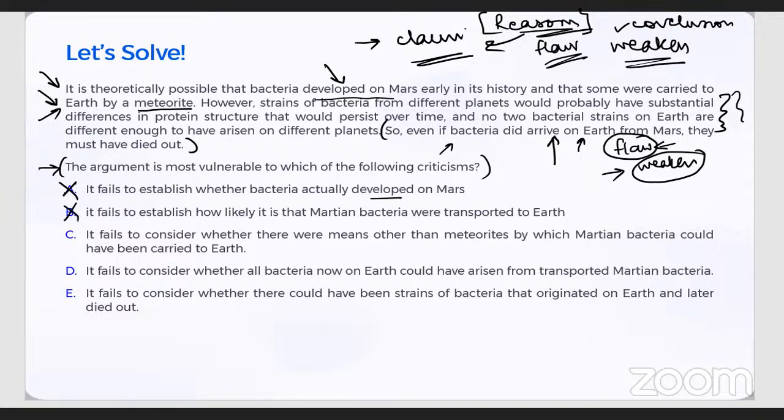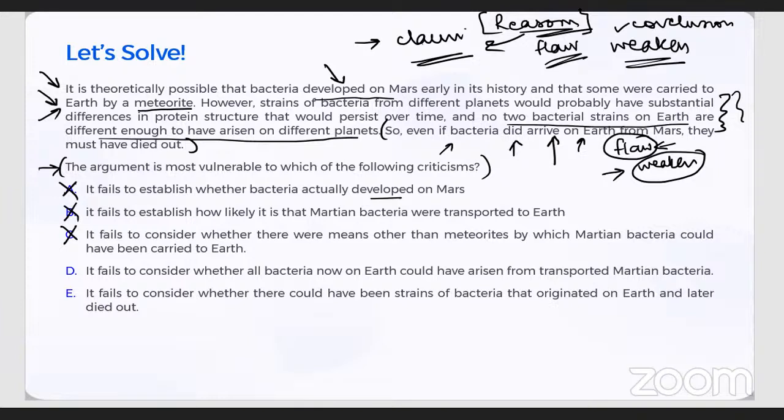The argument is saying that, hey, no two bacterial strains on the earth are different enough to have arisen on different planets. Therefore, the bacteria that arrived from Mars have died out. How they came, whether different modes of transportation were used other than meteorite, all of this is not at all part of the reasoning. If it's not even part of the reasoning, how can it be a flaw in the reasoning? So, no, this is also irrelevant.